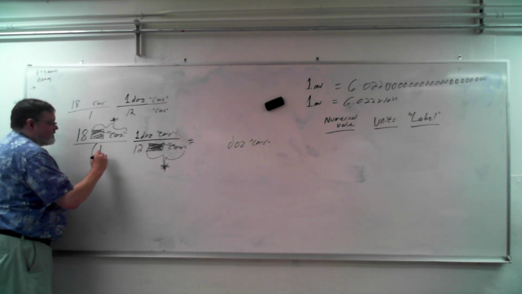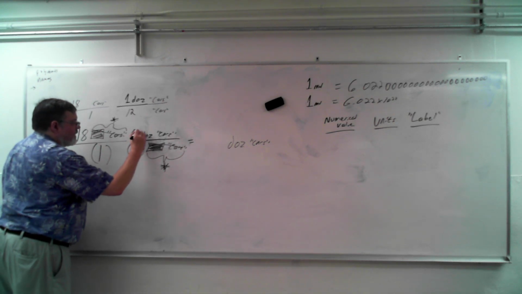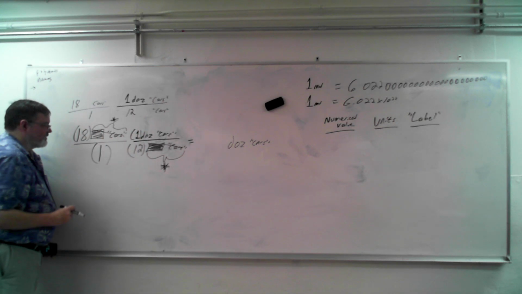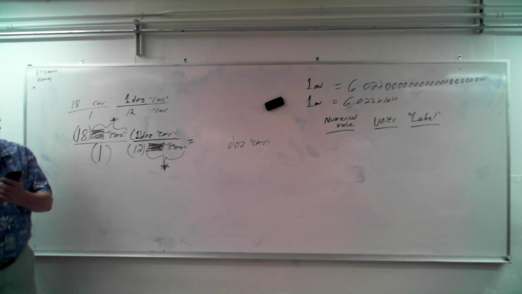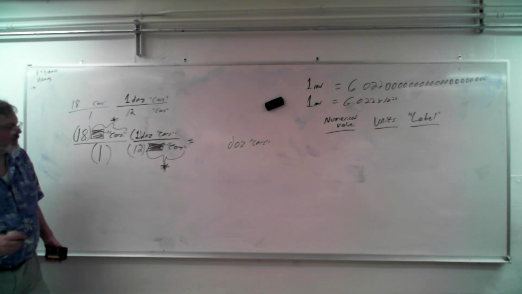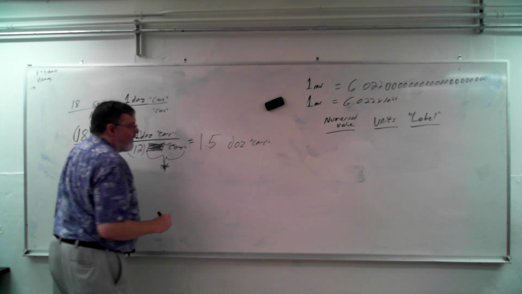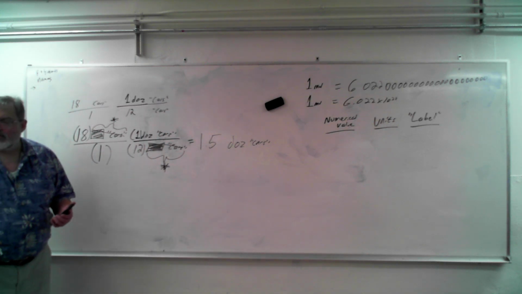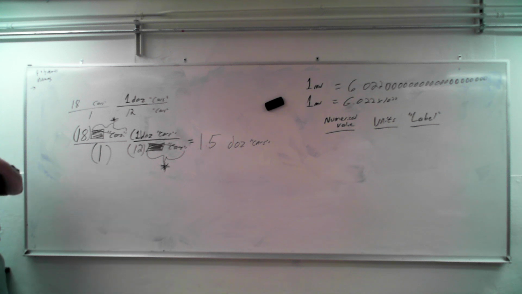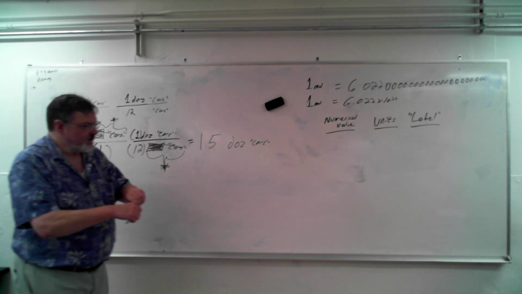And the rest is just doing this, which is ultimately 18 divided by 12. And my calculator says 1.5. 1.5 dozen cars. Realize, let me do this next.